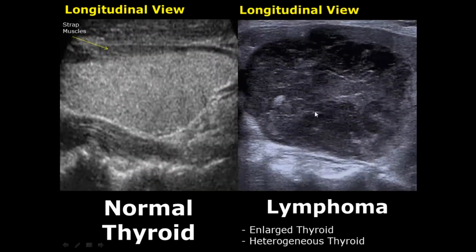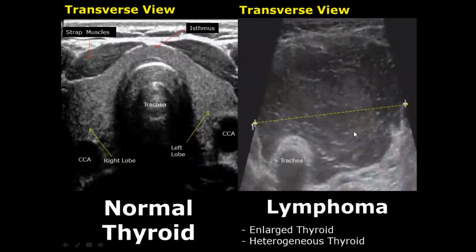A lymphoma can involve the entire thyroid gland. It can lead to enlargement of the thyroid and also give it a heterogeneous appearance. In this case, you can see an enlarged thyroid gland with heterogeneous echo texture suggestive of a lymphoma.